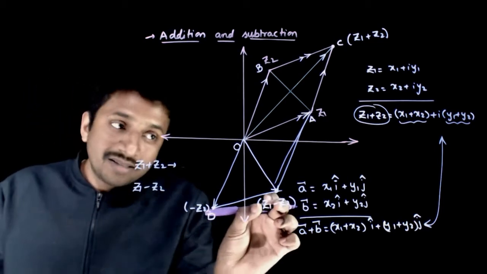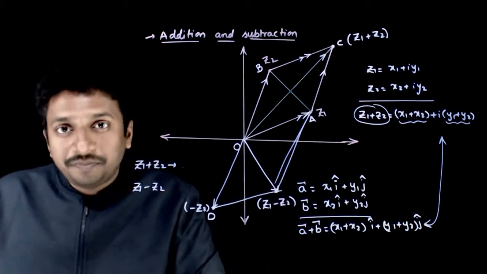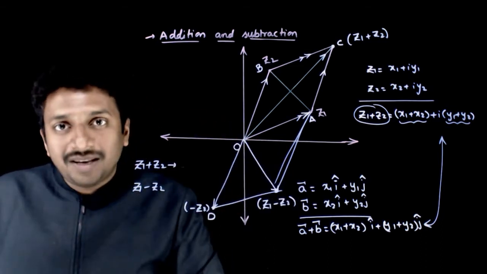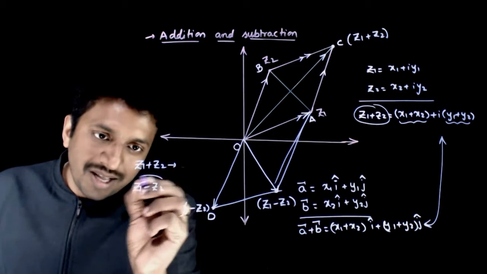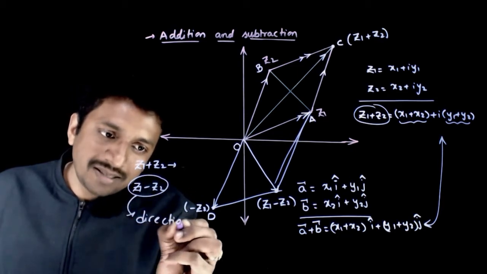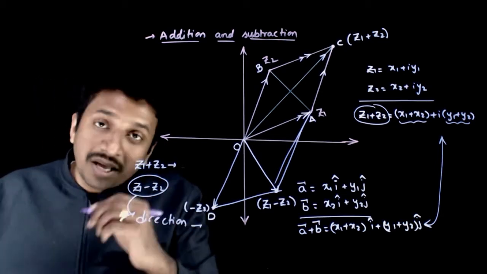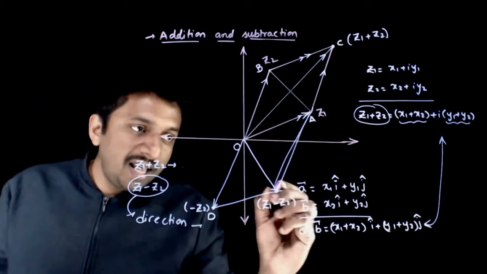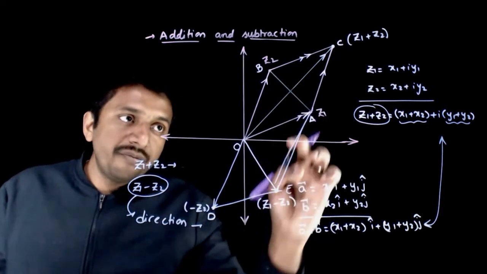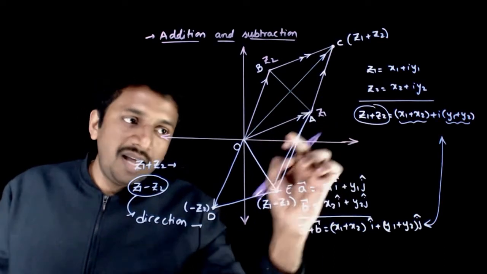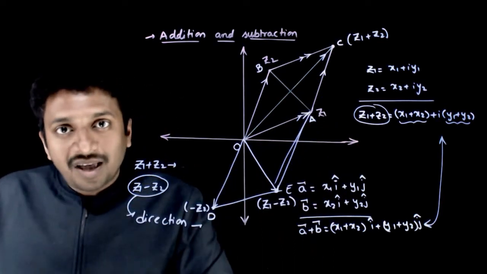So let us look at some properties of z1 minus z2. So what is the direction of z1 minus z2? As you can very clearly see, O, B, A, E also forms a parallelogram.